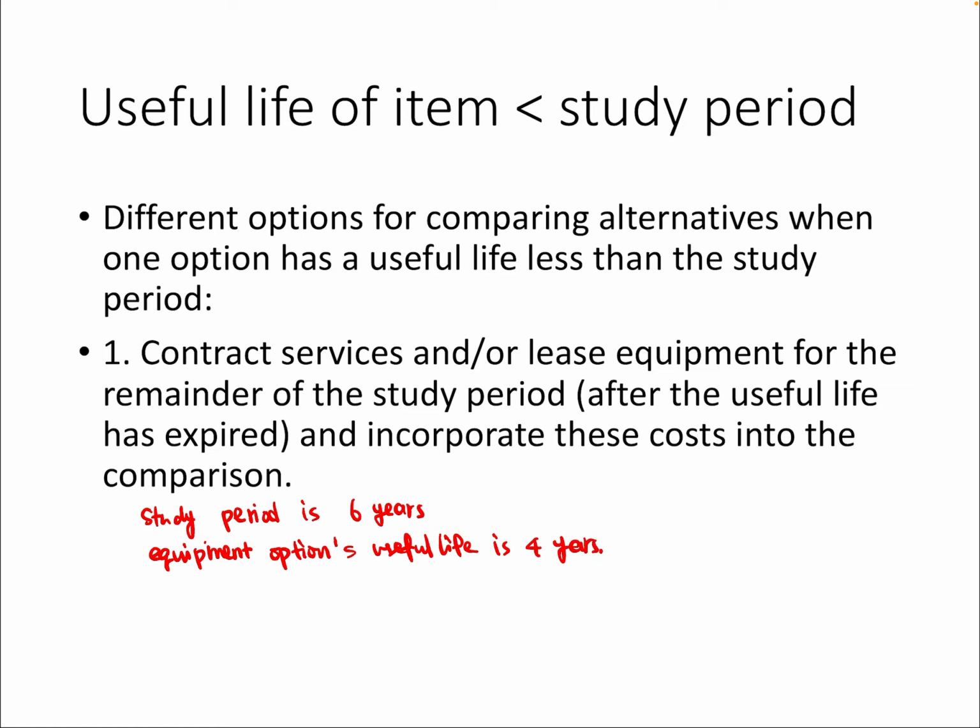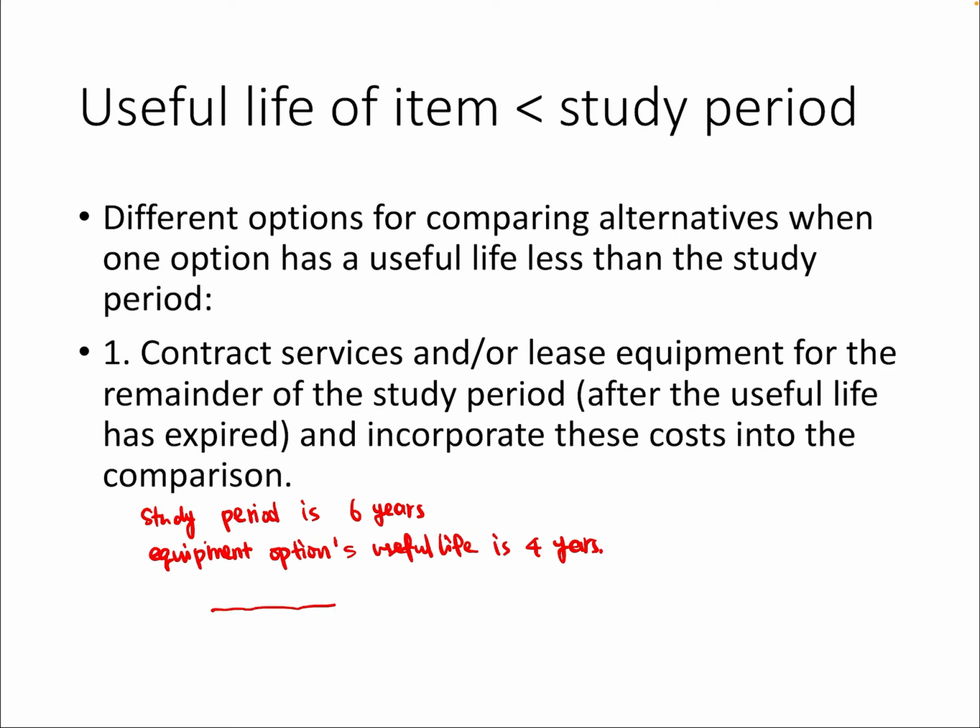Okay. So how do you extend that 4 years to 6 years to compare? You can assume that after 4 years, you're gonna contract the same service to another person, or you can lease the equipment for the remainder of the study period and incorporate these costs into the comparison.